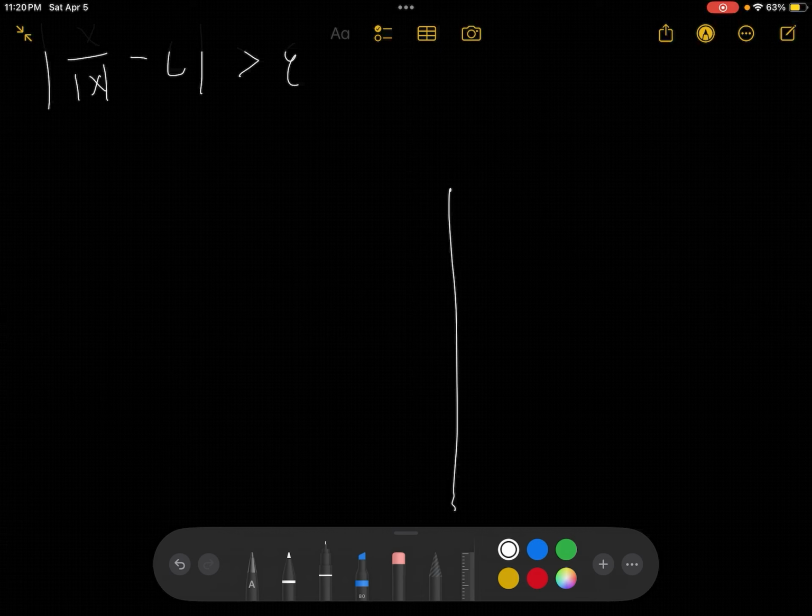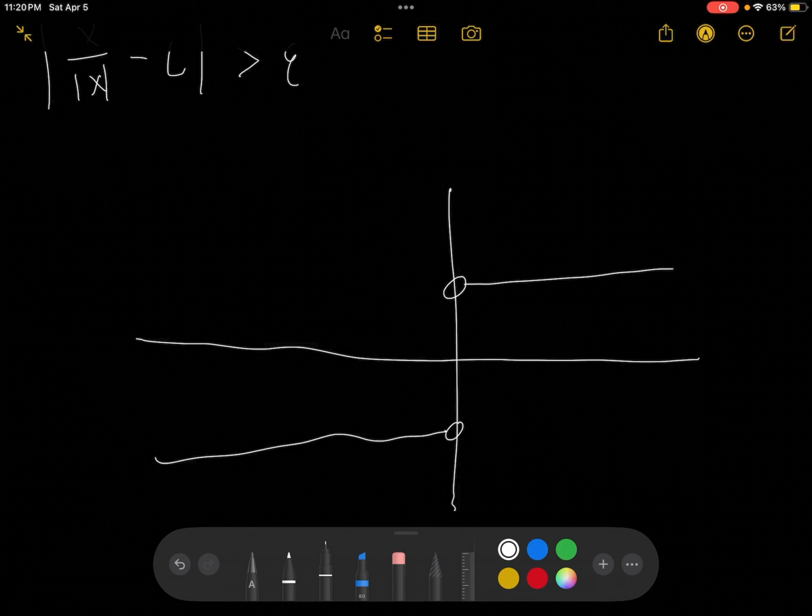If we draw a picture, the way this proof is going to work is we're going to have some random L. Like let's say we have this L right here. Then we get to choose what we want our radius to be. Like if we choose a radius like this. Then some random delta is going to be fixed. Let's say we end up with this delta.